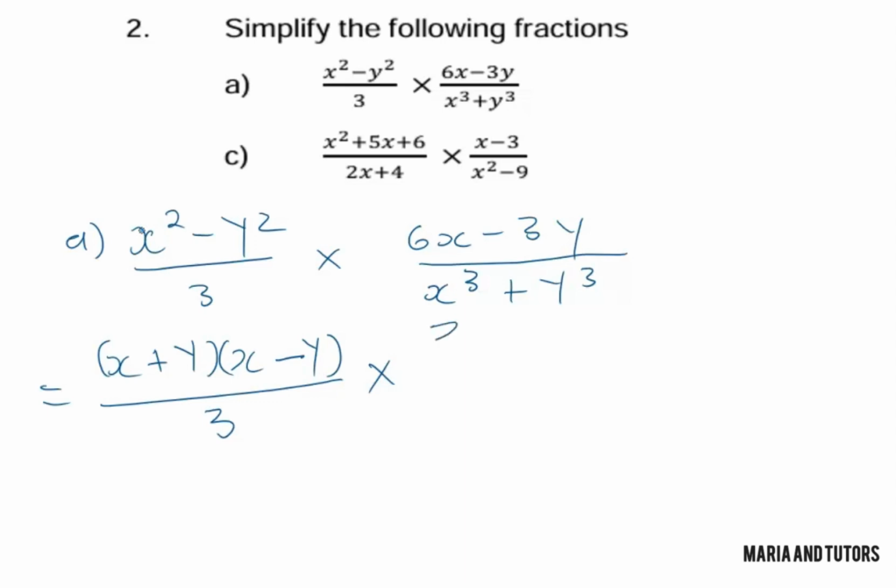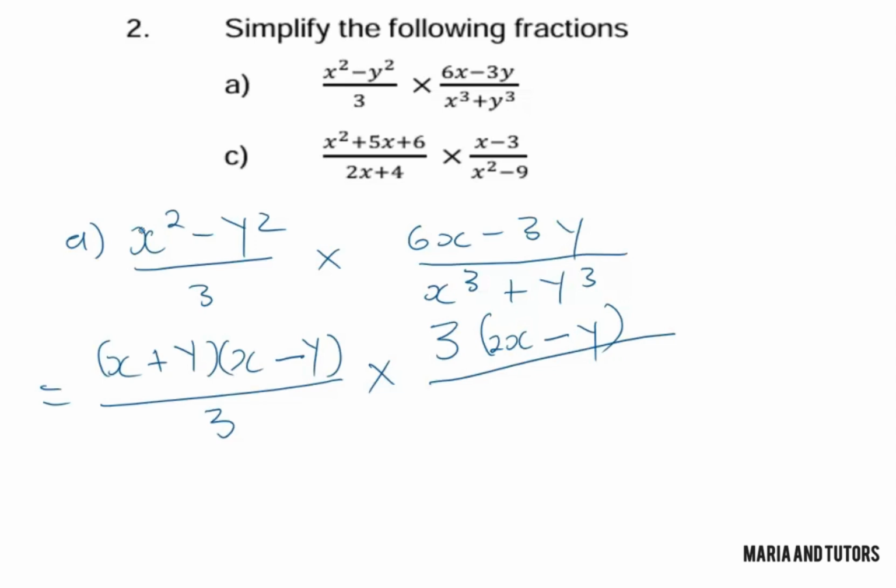To get 6x, we multiplied 3 by 2x, and to get negative 3y, we multiplied 3 by negative y. Then our expression factorized is going to be 3 multiplied by, in brackets, 2x minus y.